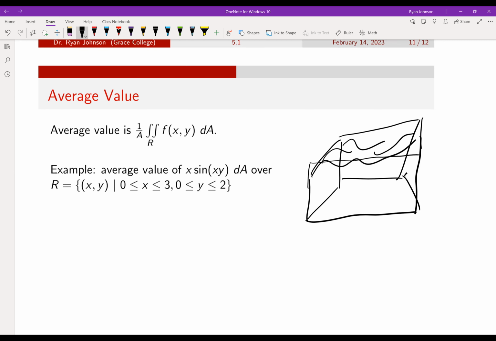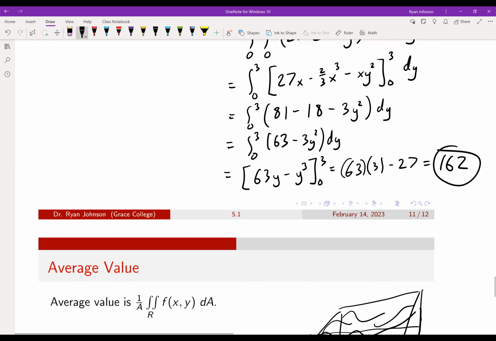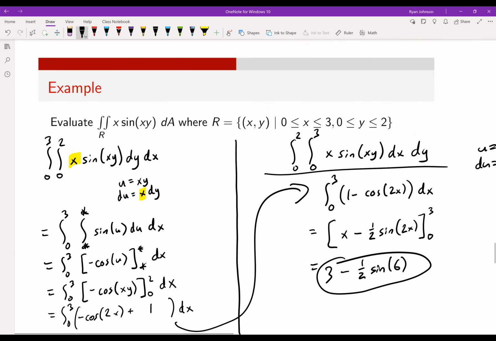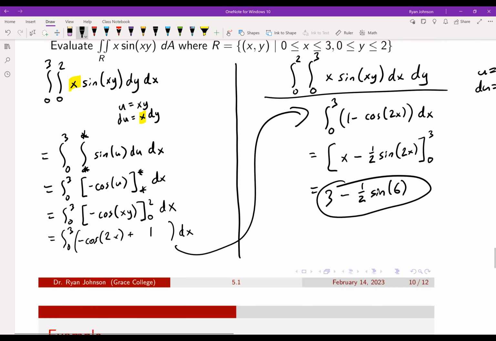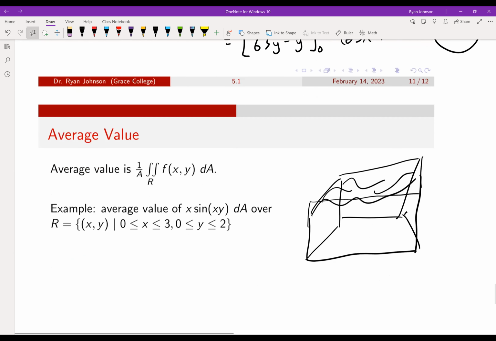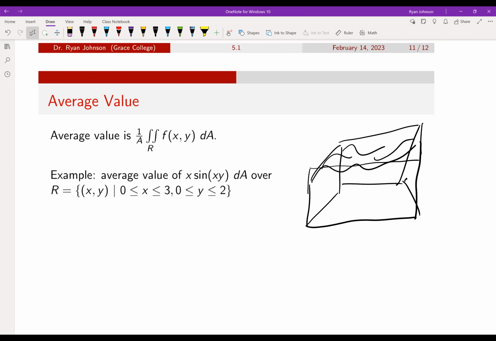But anyway, going back to our integral of x sine of xy, that was 3 minus 1/2 sine of 6. So this is the same situation. This thing here was 3 minus 1/2 sine of 6.